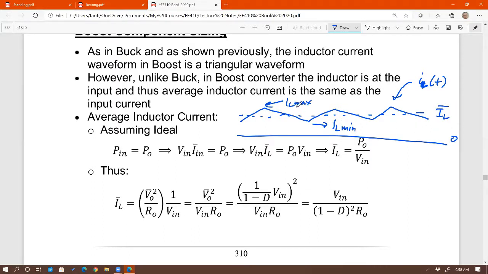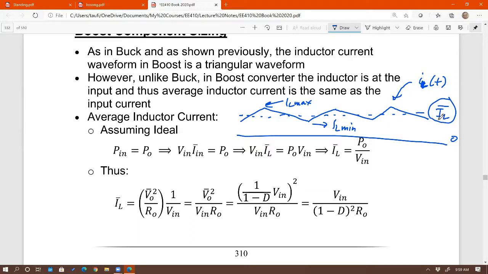Now you might ask, okay, well, don't we know what IL max and IL min are because we know delta IL? Well, not necessarily. You do know delta IL, but it doesn't mean you know IL max, IL min. How come? Well, because IL average is changing, right? IL average is not a constant value. It is a constant, but its value depends on output current, right?